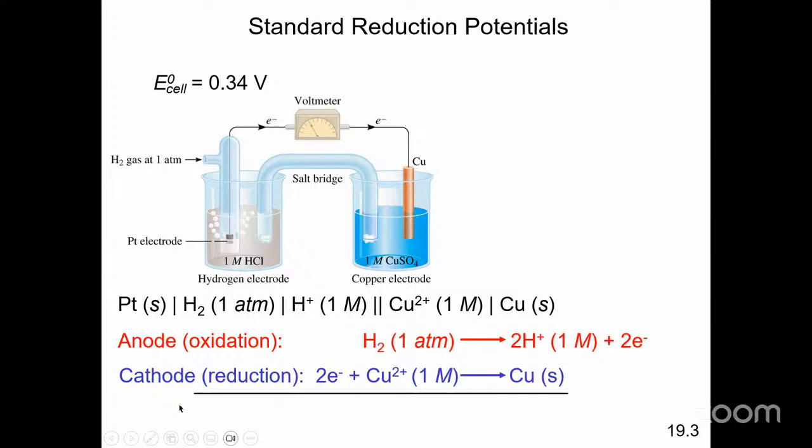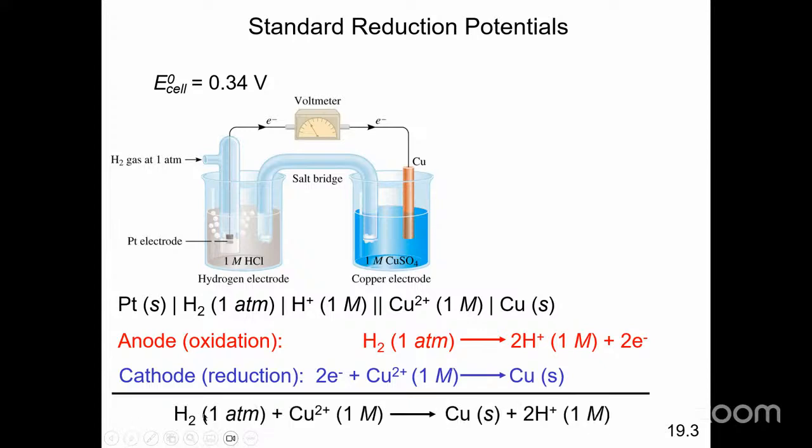So when you add these two together, this is what you're going to get. H2 plus Cu2 plus to give Cu plus 2H plus, all right? So that's a reaction that will spontaneously take place. Now, in terms of the EMF of the cell itself, that is equal to 0.34 volts, right? The EMF of the cathode is for this right here. This is the cathode because this is where reduction takes place.